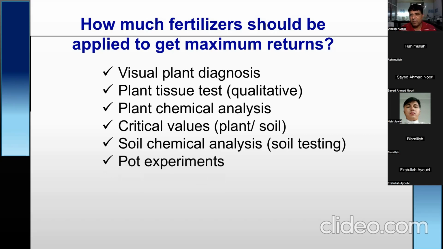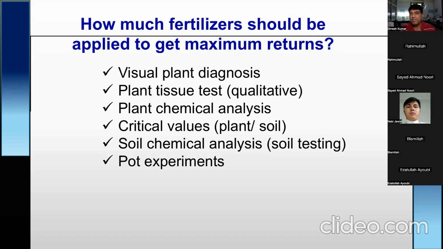Then what is left? Then we can do some pot experiment. Because in the case of soil testing, we just could know the status of nutrients, but we do not know how much nutrients can be supplied from the soil. Availability of nutrient is one aspect, but supply to the crop is another point.